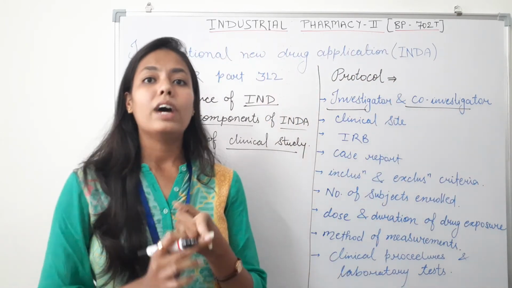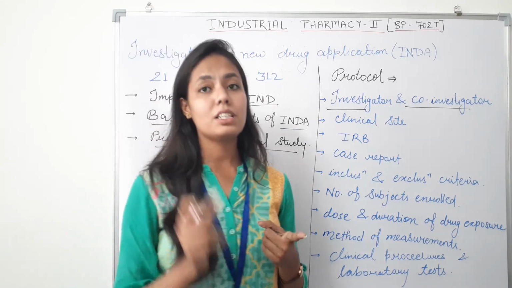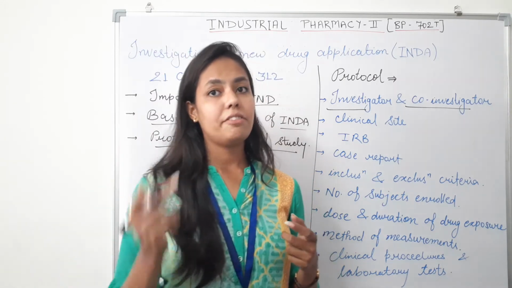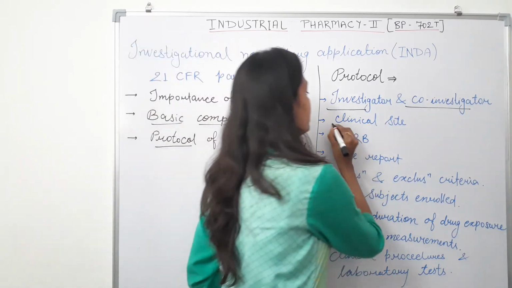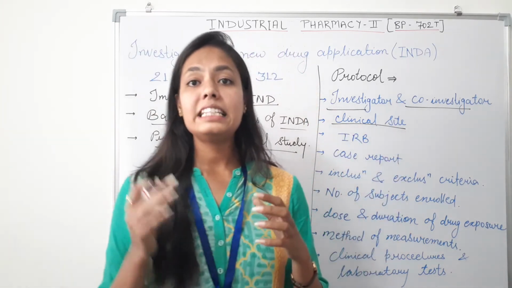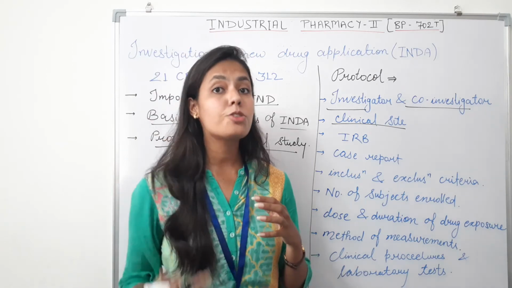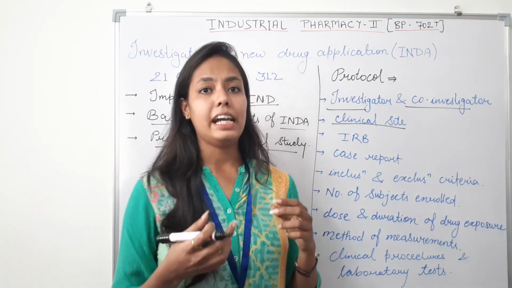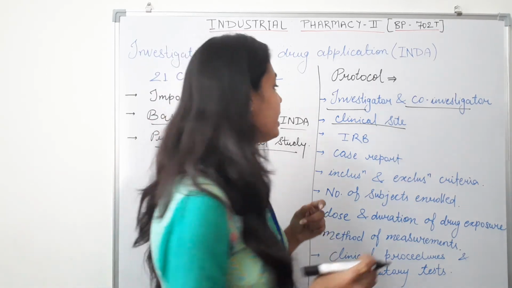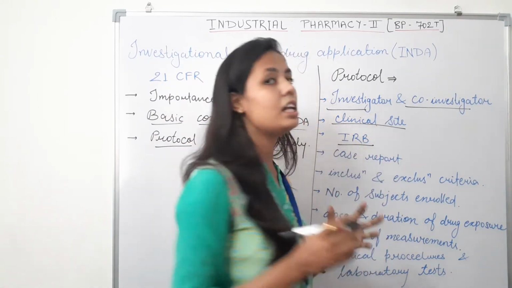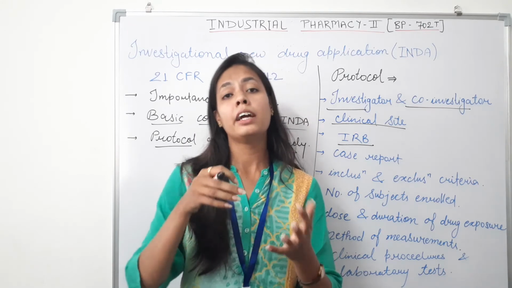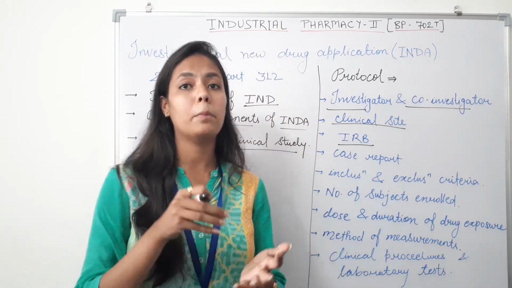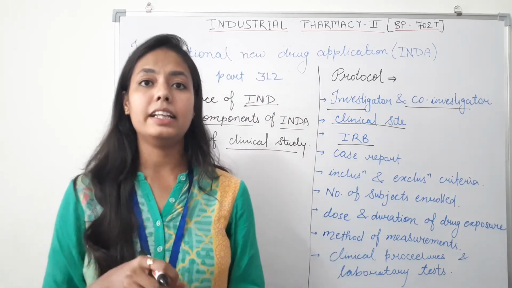That means qualification, name and address must be included for each investigator and co-investigator. Name and address of each clinical site where we want to perform the clinical trials. Then the name and address of each institutional review board. Each and every institutional review board member should be mentioned in this.